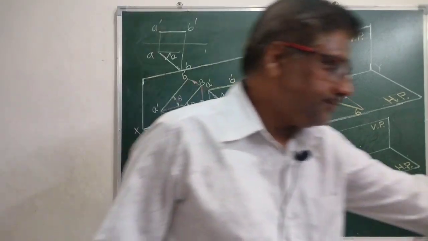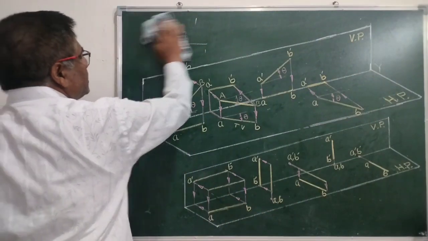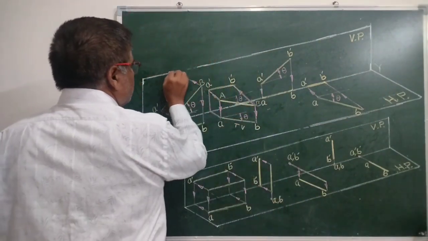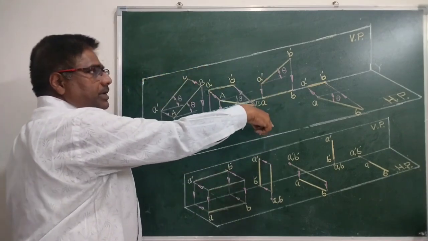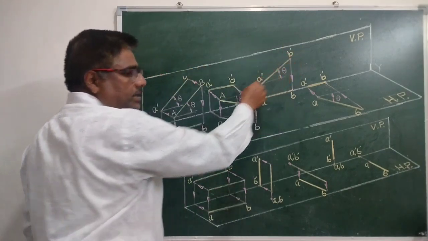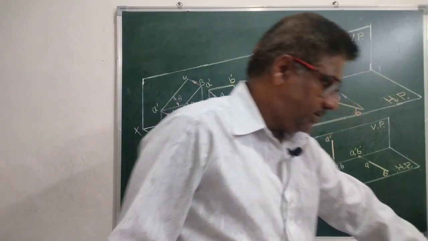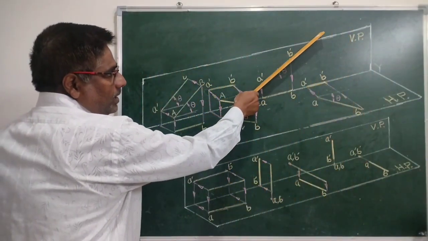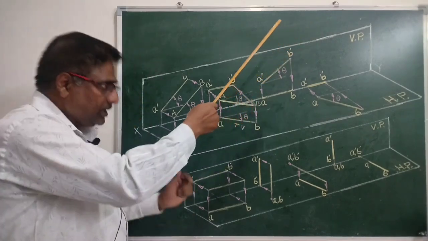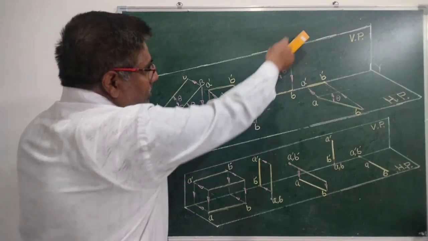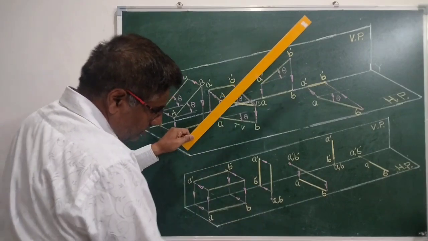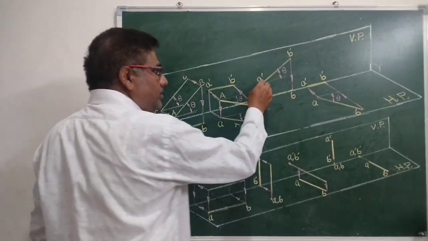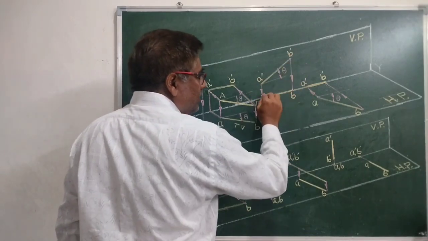Third case is, what is the third case? When line is inclined to HP and it is in VP. Suppose this is the line, it is in vertical plane and inclined to HP. If we try to draw its top view, as it is in VP, it will fall on XY line.